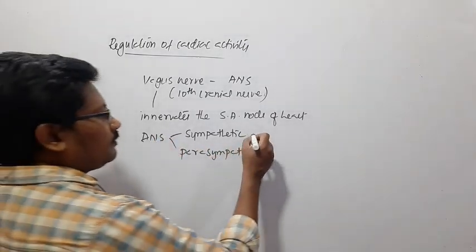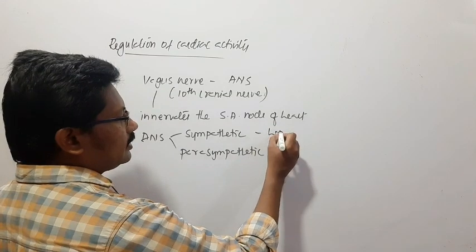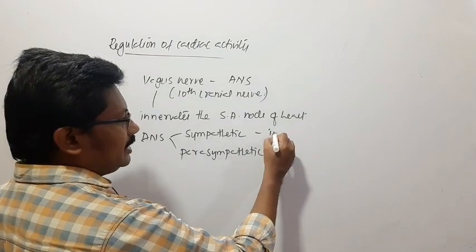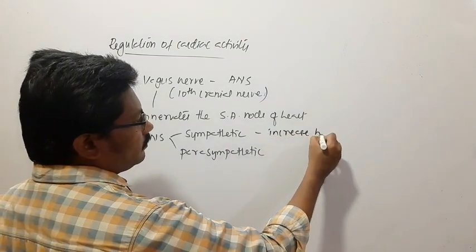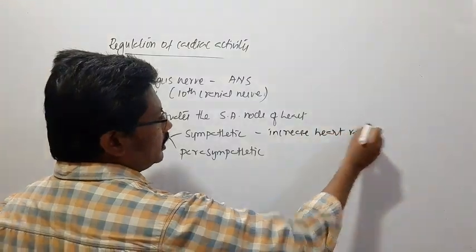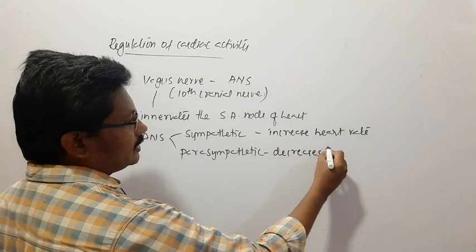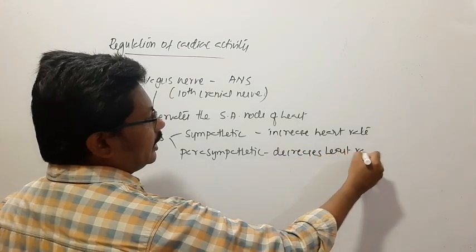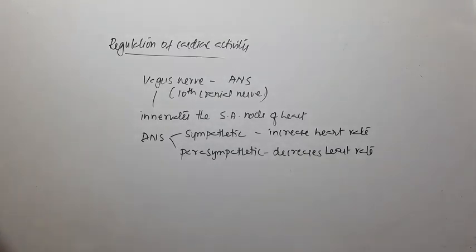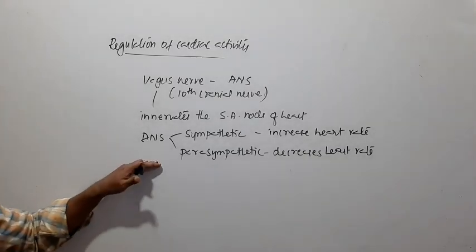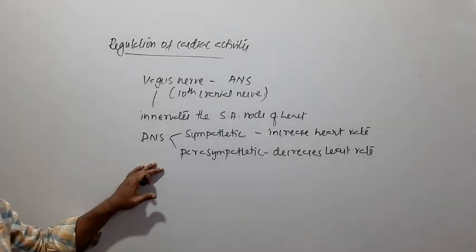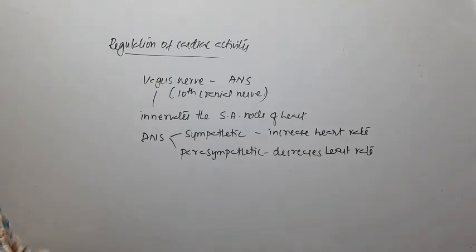The sympathetic increases the heart rate, whereas the parasympathetic decreases the heart rate. So this is how the brain indirectly controls the contractions and relaxations of the heart.